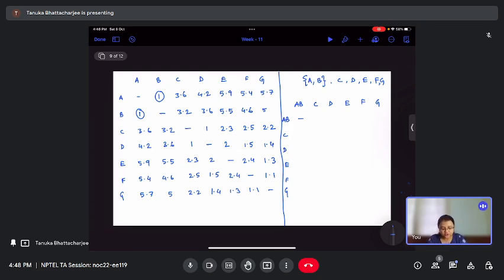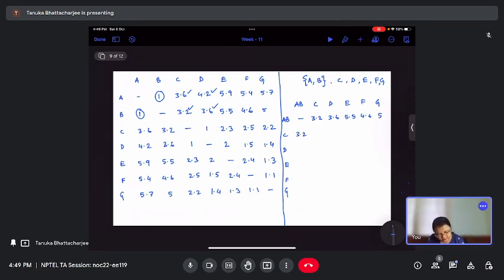So first, when you are trying to compute the distance between the cluster AB and C, you will have to compute the distance between AC and BC, which are these two, and take the minimum of those as your final distance. So it will be 3.2. Similarly, for the distance between AB and D, you take AD and BD and take the minimum, which will be 3.6. Similarly, you can fill the remaining: E will be 5.5, F will be 4.6 and G will be 5.